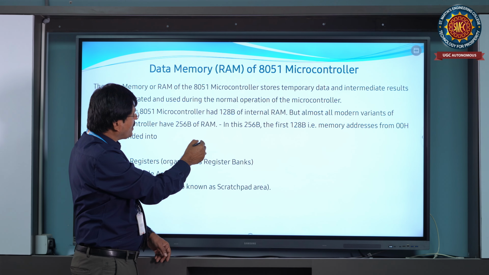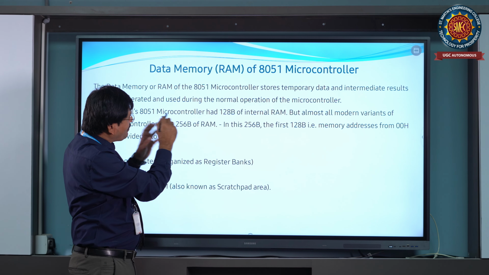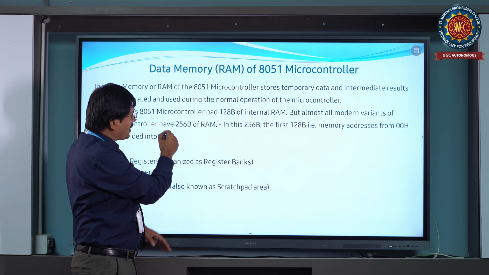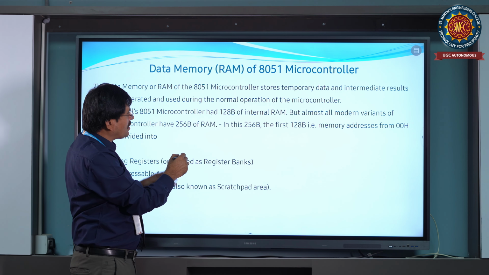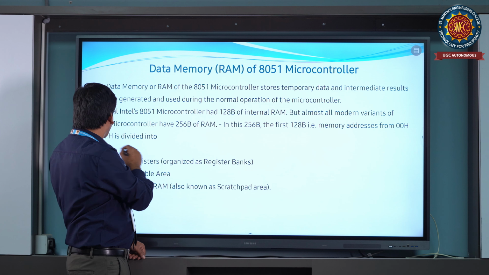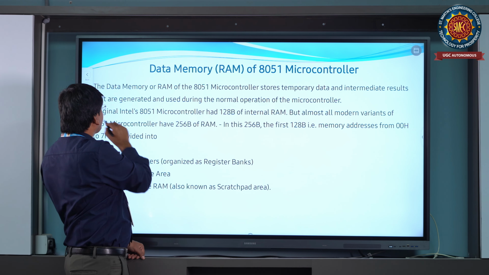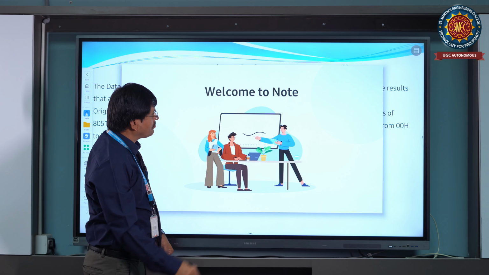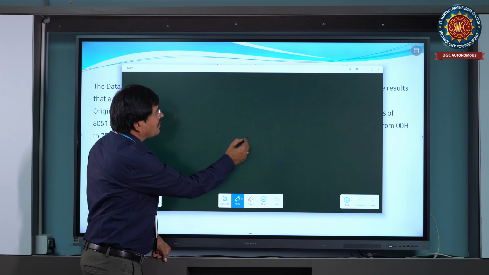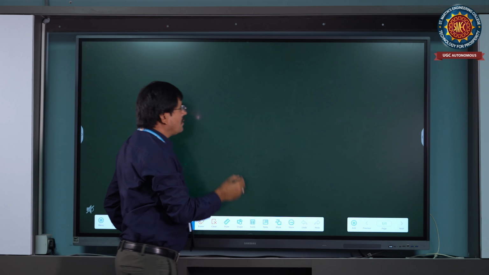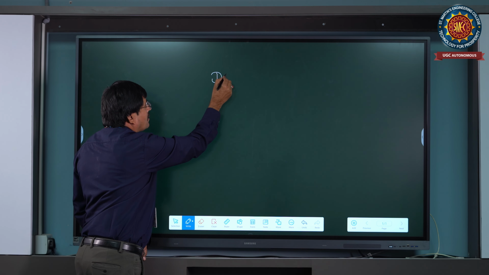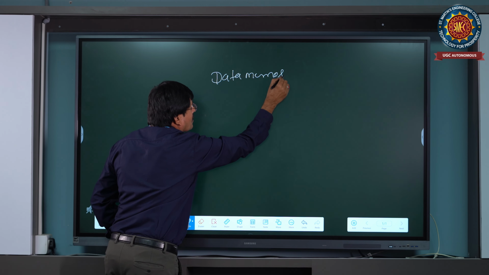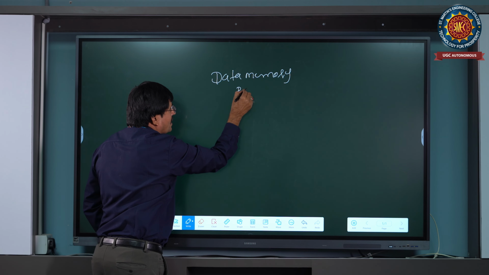First we'll talk about the data memory, whose specification I have already introduced. Data memory is also known as random access memory.